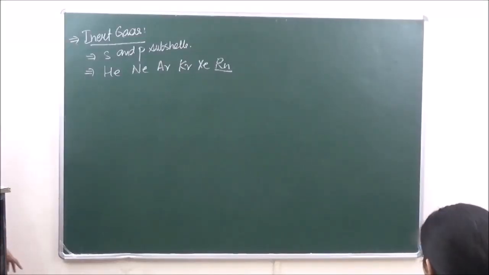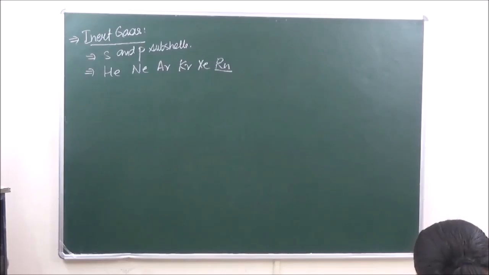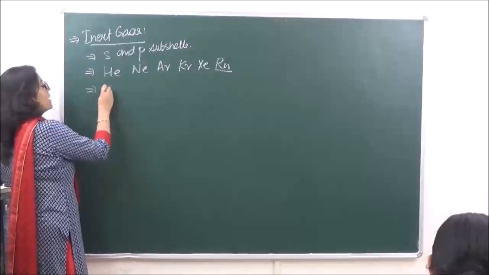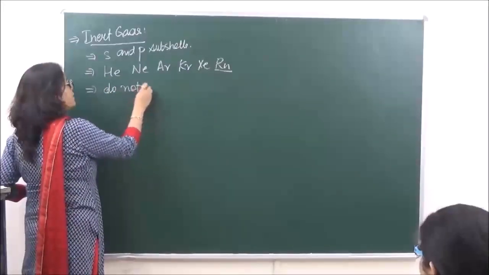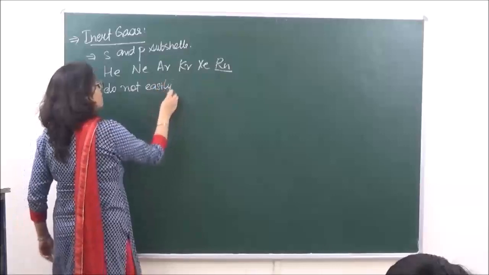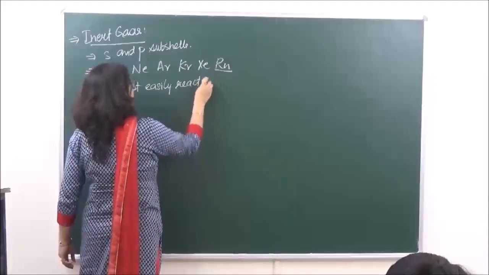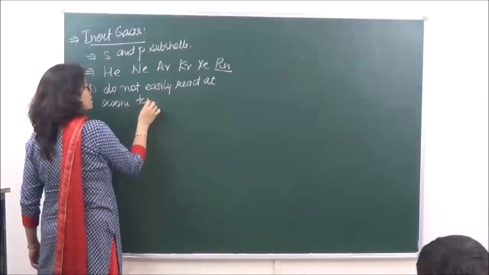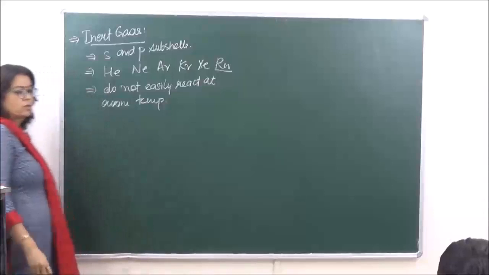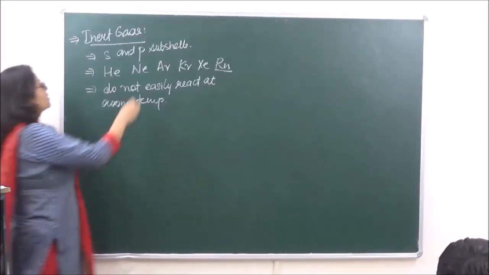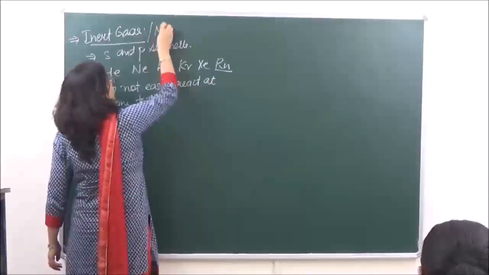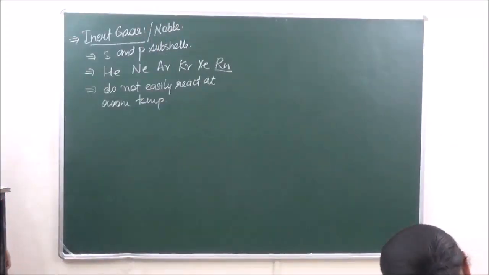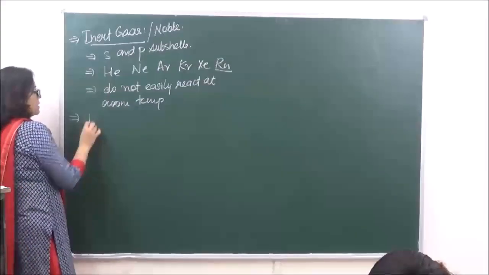Okay, now the noble gases, or inert gases, are so called because they do not easily react at room temperature. That is the reason they are known as inert gases, or they are also known as noble gases.